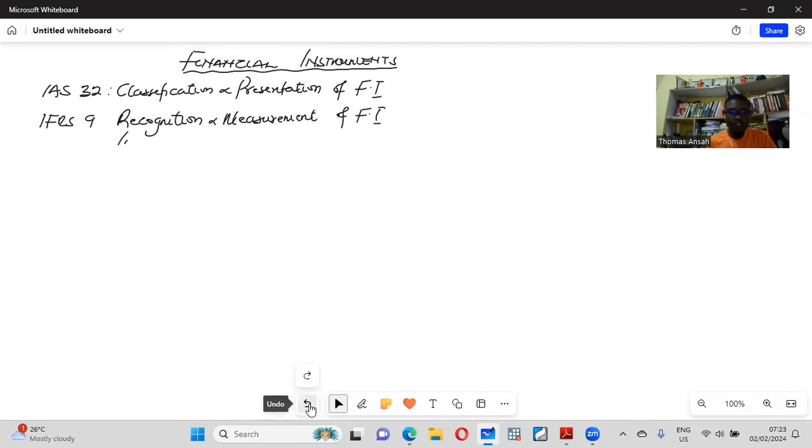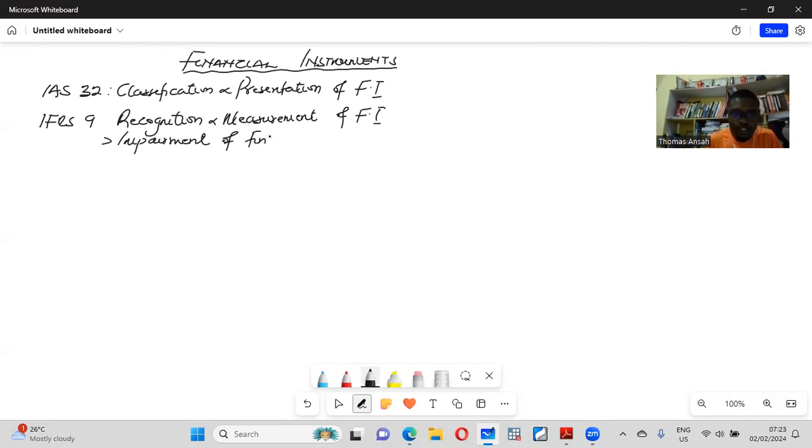As part of the recognition, we will be talking about the impairment of financial assets, because impairment of fixed assets is dealt with under IAS 36. So we're looking at impairment of financial assets.